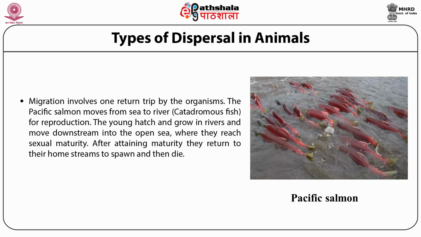Some fishes like salmon and eel take long journeys while other fishes take short journeys. The eel Anguilla vulgaris moves from river to sea, and this type of migration is known as anadromous migration, and the fishes are known as anadromous fishes, and they move for reproduction.